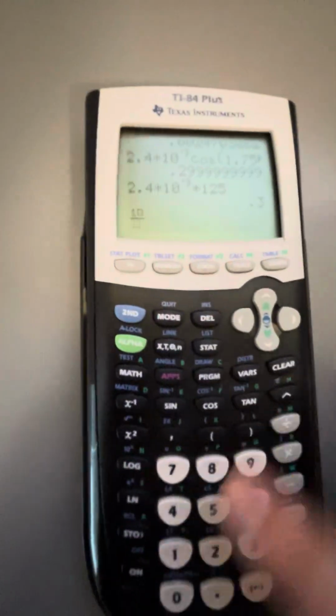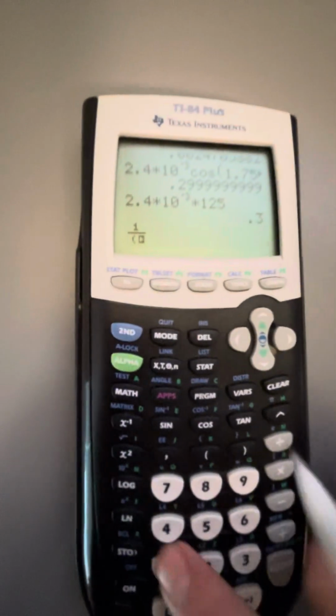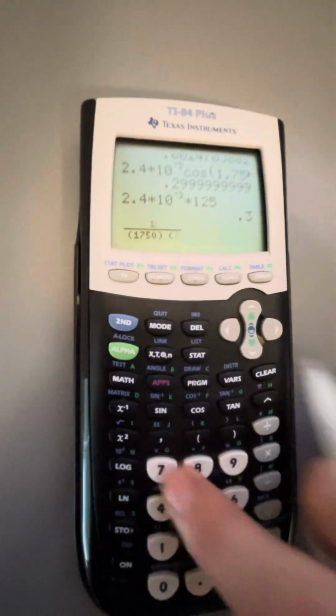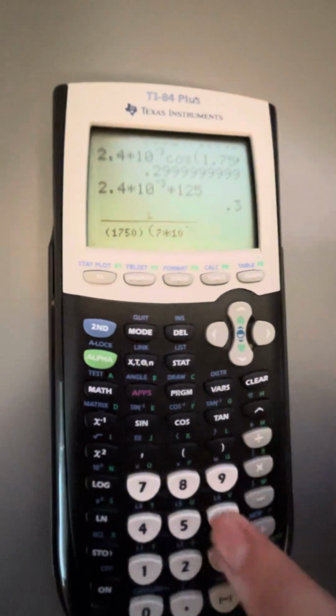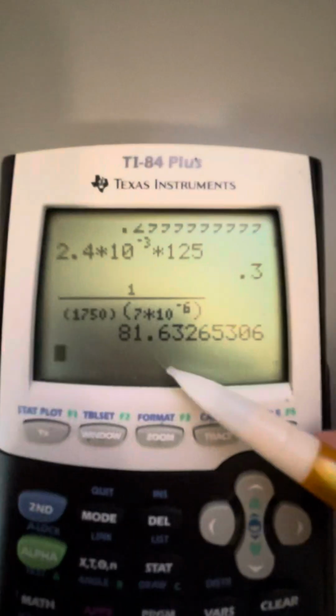So the omega is 1750, and for our C, we're given that here: 7 times 10 to the negative 6. It gives us 81.6, and that is in units of ohms.